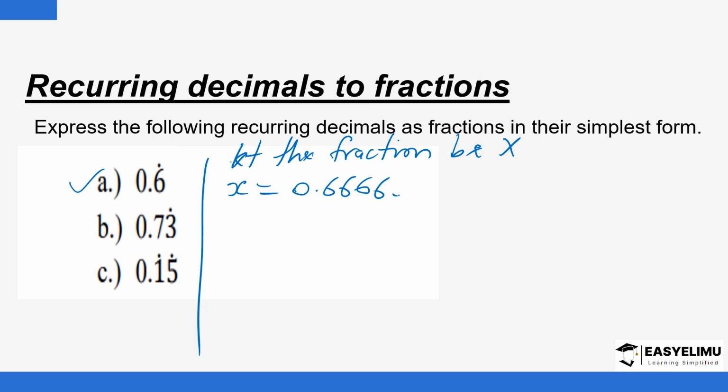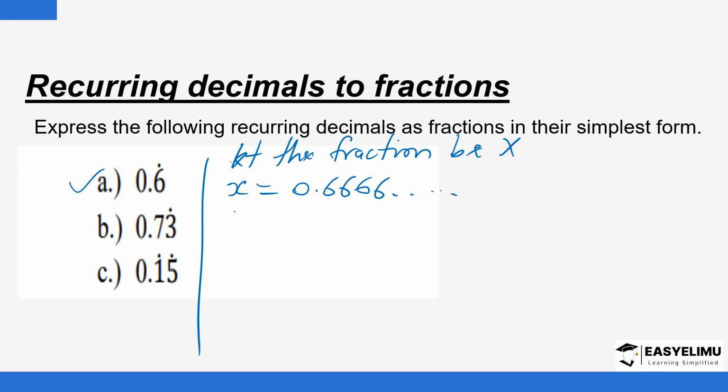Maybe I can use 4 or 6 digits, depending on how long the pattern is. In this case, it's only 6 that is repeating, so 4 can still work. Then you multiply both sides by 10 repeatedly until you have a pattern after the decimal point that is the same in any two of the cases.